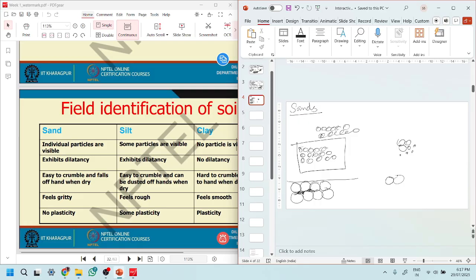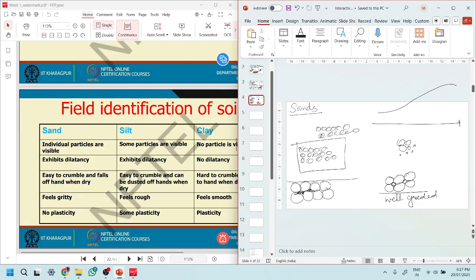But the other soil, even with these particles, may have some smaller particles that are occupying the voids. This is called a well graded soil. You must have studied about this gradation of soil.